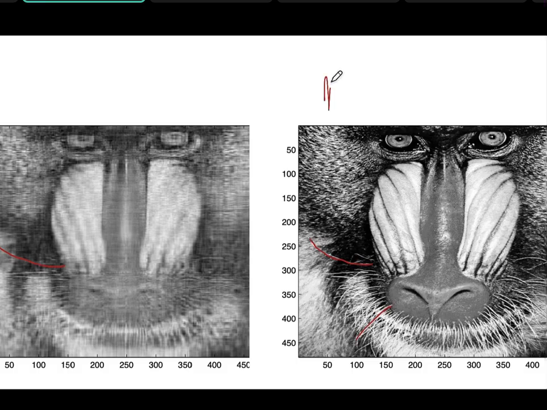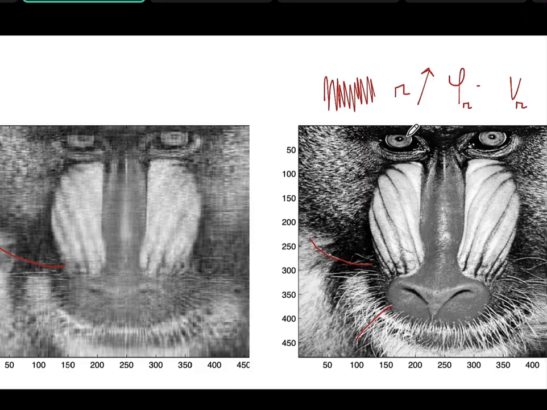So you need a very high frequency approximation, which means that R should go high so that the phi 1, phi R, this VR that we've talked about before, is able to represent anything that has to do with what you're seeing.